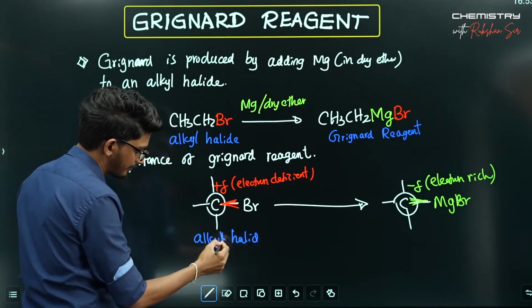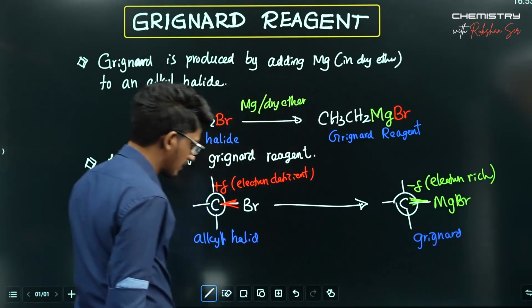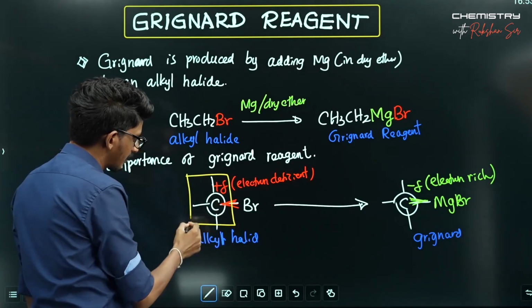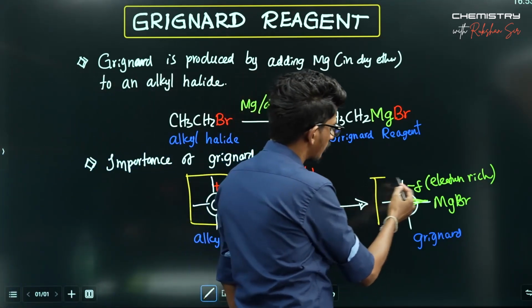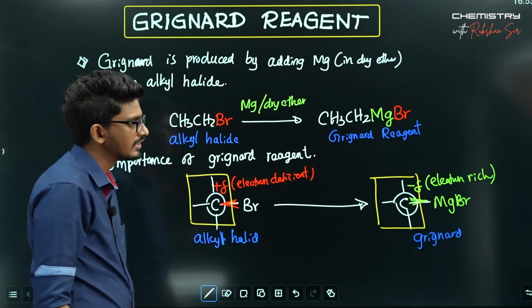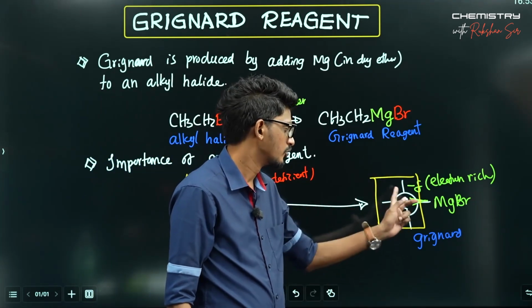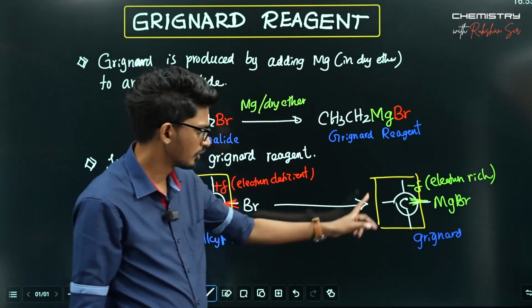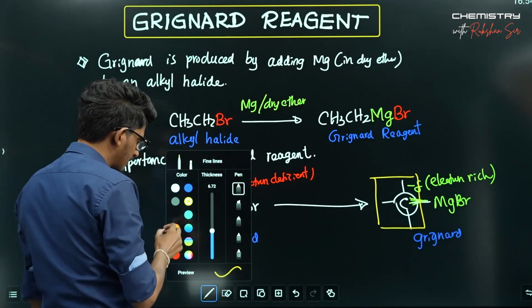That is what the Grignard does, so that these electron rich carbons can be used to attack electron deficient carbons in your organic compounds.